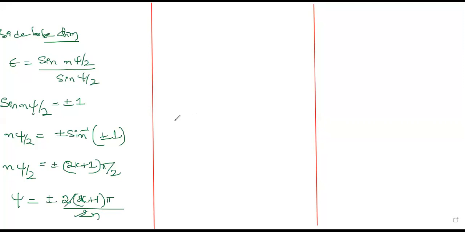2 gets cancelled. Substitute for xi. You know the xi equation, that is dr cos phi minus 1, which is equal to plus or minus 2k plus 1 into pi by n. Again, we need in terms of side lobe.